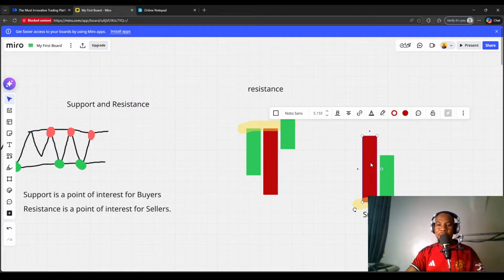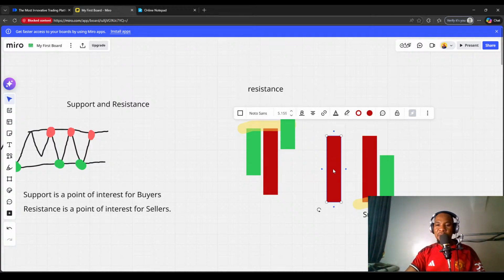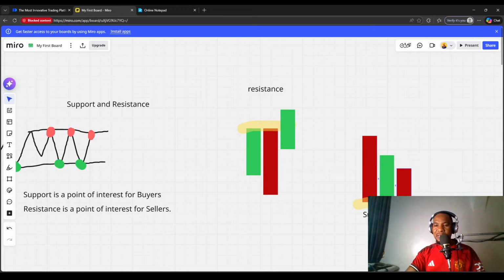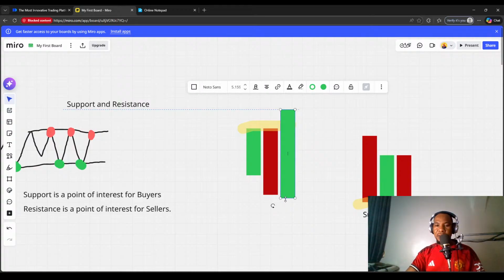Then same thing for selling pressure. Anytime a candle closes below the support level, it will probably be something like this.